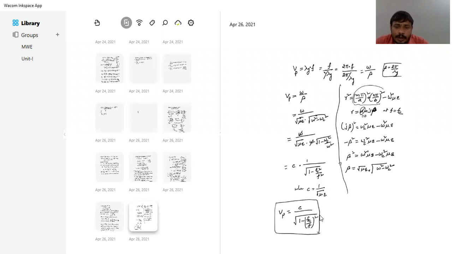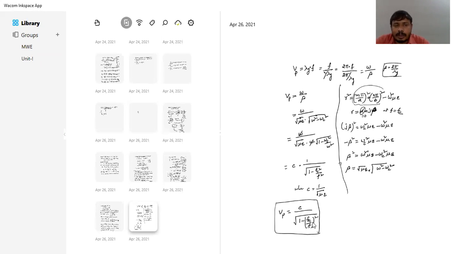You can remember one point here: phase velocity, group velocity, guided wavelength, impedance measurement, and power losses in the waveguide are all expressed in terms of root 1 minus fc by f whole square. This is in terms of frequency. If you want to write it in terms of wavelength, with f equal to c by lambda, Vp is equal to c by root 1 minus lambda by lambda c whole square.